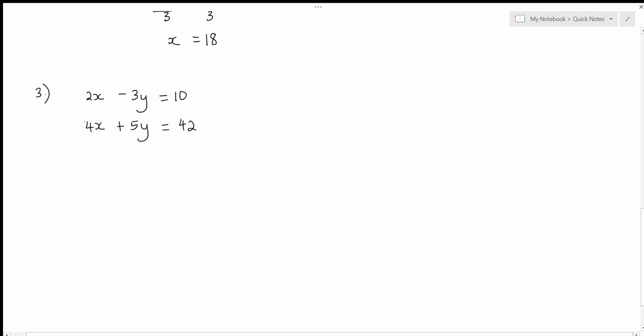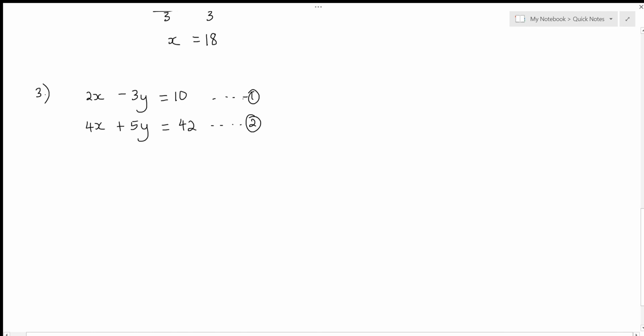So if we look at the first equation and the second equation, you will see that we have a 2x here and a 4x, we have 3 and we have 5. And what we need to do, we're going to use the process of elimination. But what you have to do, you have to either make the x's the same or the y's the same by multiplying either one. So I'm looking at equation 1, and you can choose which one you want to.